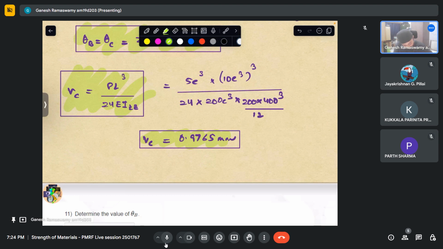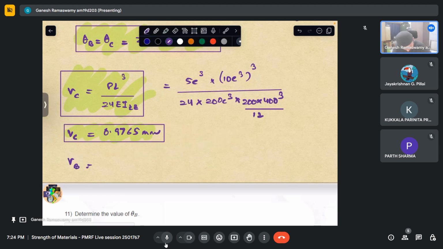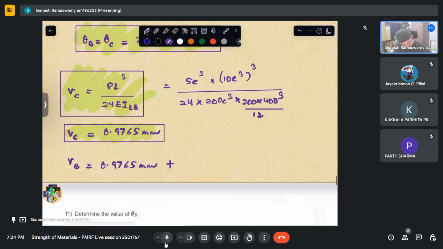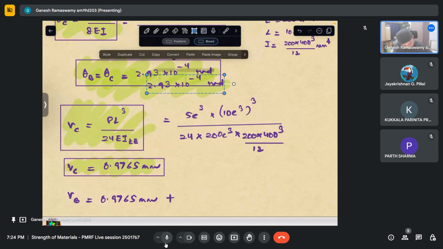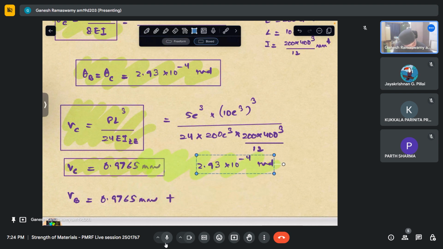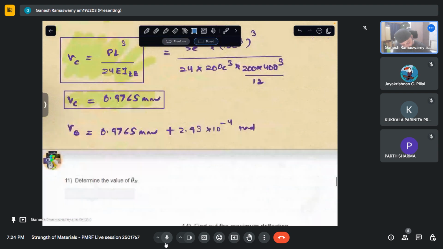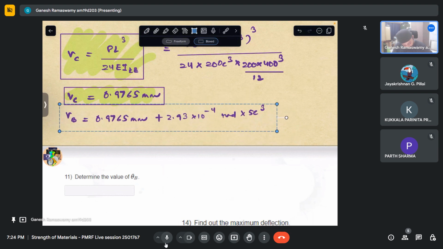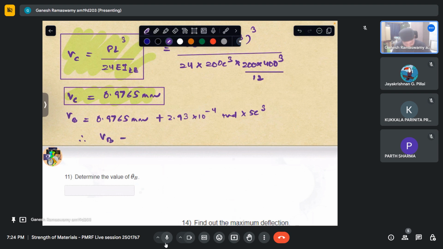Now VB is nothing but this quantity plus this into 5e3, that is L by 2. So this comes out to be 2.2.